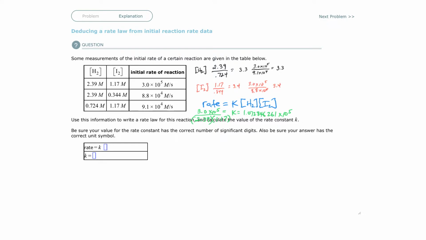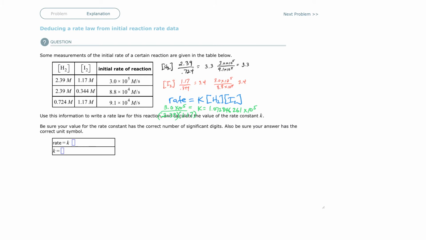That's your rate constant. You have to be really careful of the units, because Aleks is going to require that you do units, and this is going to be molar to the -1, seconds to the -1.